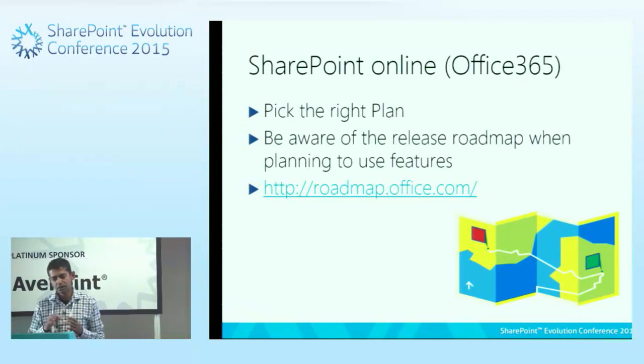This is another gotcha for organizations as well. They will see the nice Microsoft demos and say, hey, I want to do Power BI. Actually, you can't do that on SharePoint Online, because your plan doesn't match what you've got. Or you want to do video, because video portals are another feature that's available, but it's only available in a certain offering. And also the release roadmap.